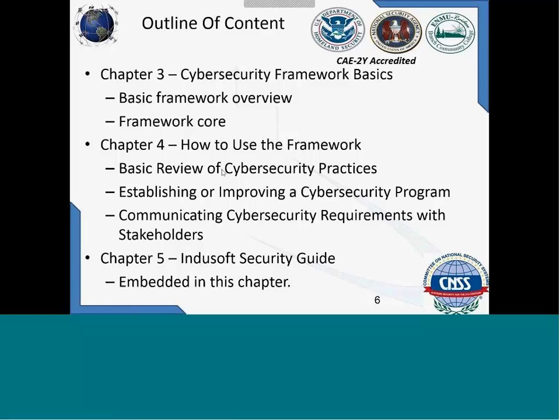One thing is that the framework is not designed to replace any existing processes, and the organization can use its current processes or overlay what they have onto the framework to determine what the gaps are in their current cybersecurity risk approach, and then develop a roadmap for how they want to improve that based on the cost and the probability of a risk, and whether they want to mitigate that risk or not.